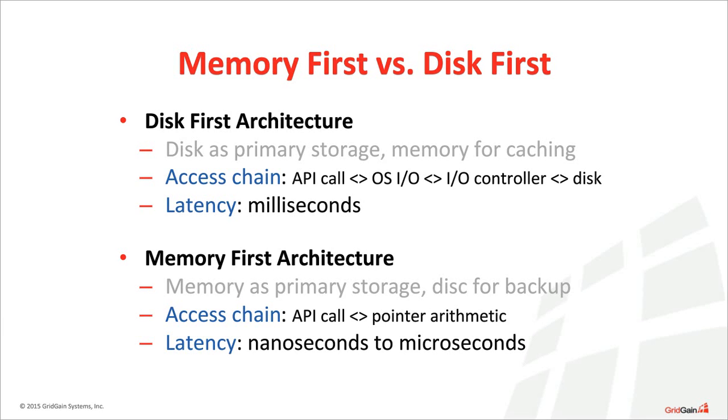Almost every system that you see built with in-memory computing would have disks. So when we talk about an in-memory computing system, we talk about memory first, disk second, versus traditional systems that were disk first and memory second.